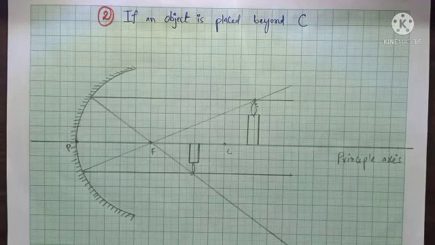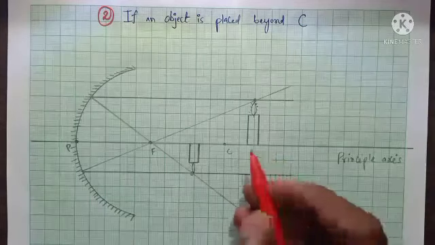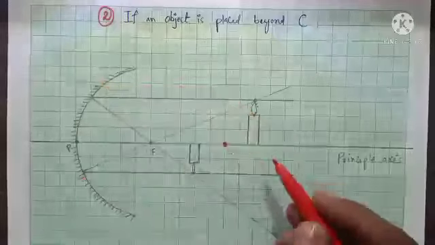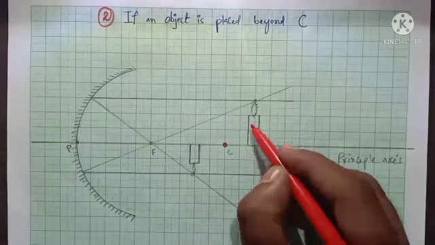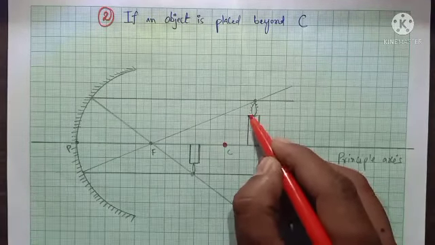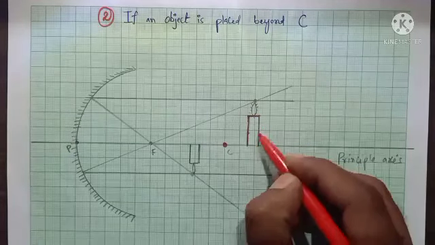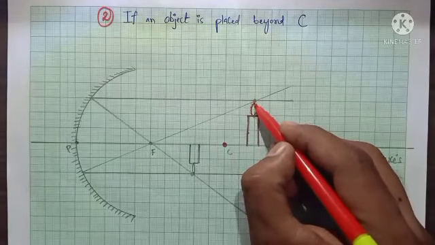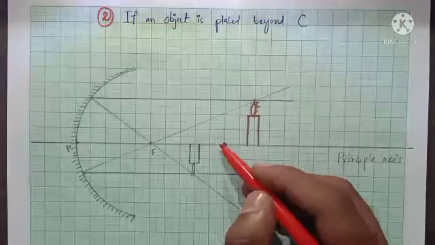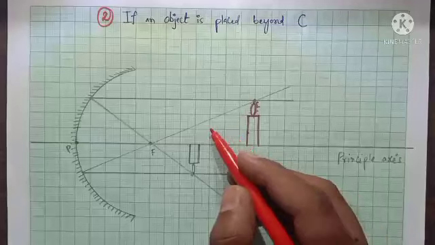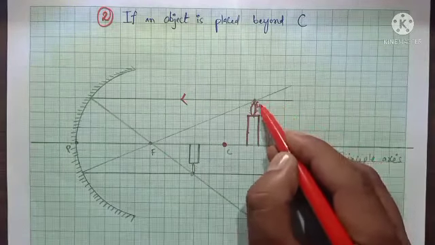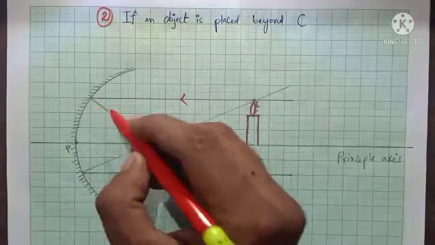Now the second situation is if an object is placed beyond C. So this is the center of curvature of the concave mirror. I have taken an object, a candle. This is a diagram. So if I place it beyond C, from those 4 rules, first of all I have taken the first rule, the ray passes parallel to the principal axis.